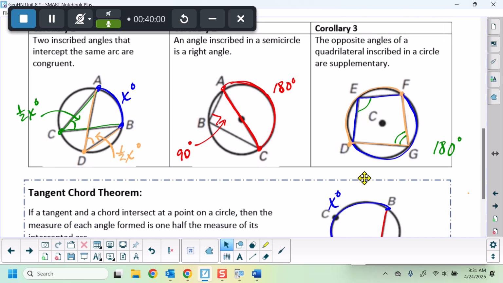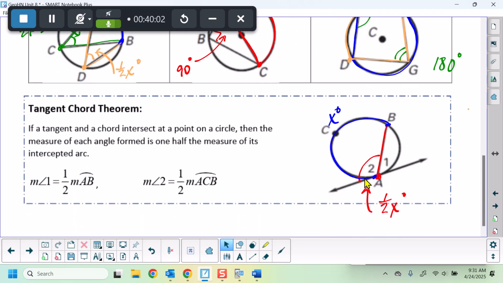All right. Our last angle conversation is if I have a tangent and this chord intersects, so my tangent line here intersects this chord here at that point of tangency, then the angles are going to be equal to 1/2 of the intercepted arc.